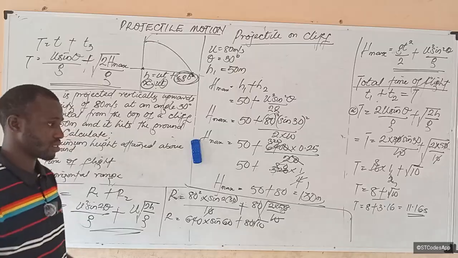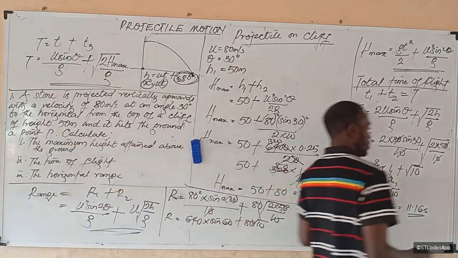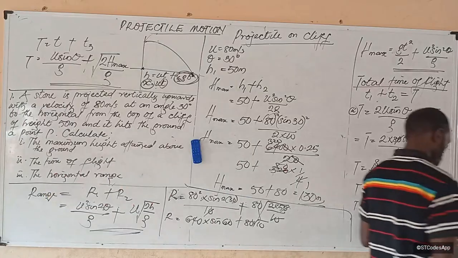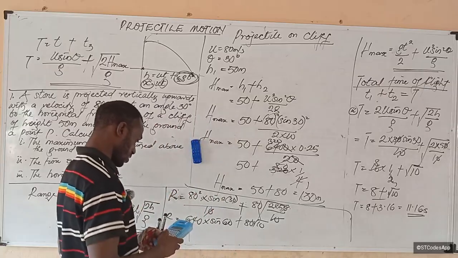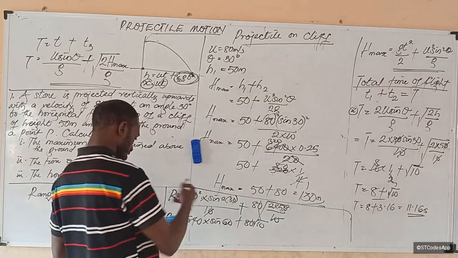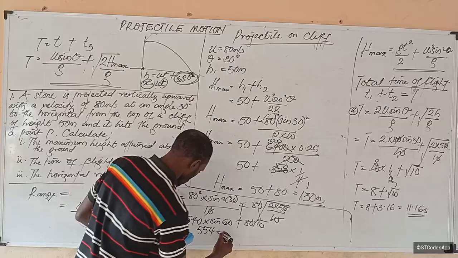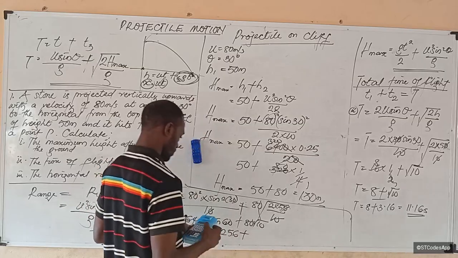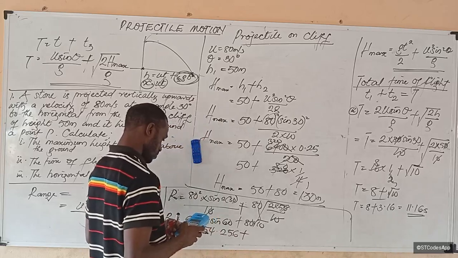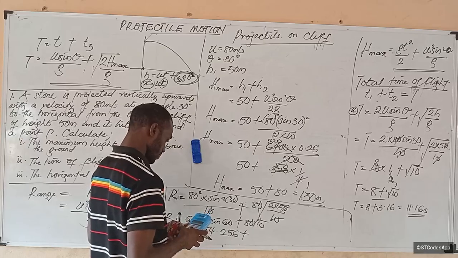Alright, let's do that with the calculator. 640 times sine 60. 640 sine 60 is 554.256 plus 80 root 10.